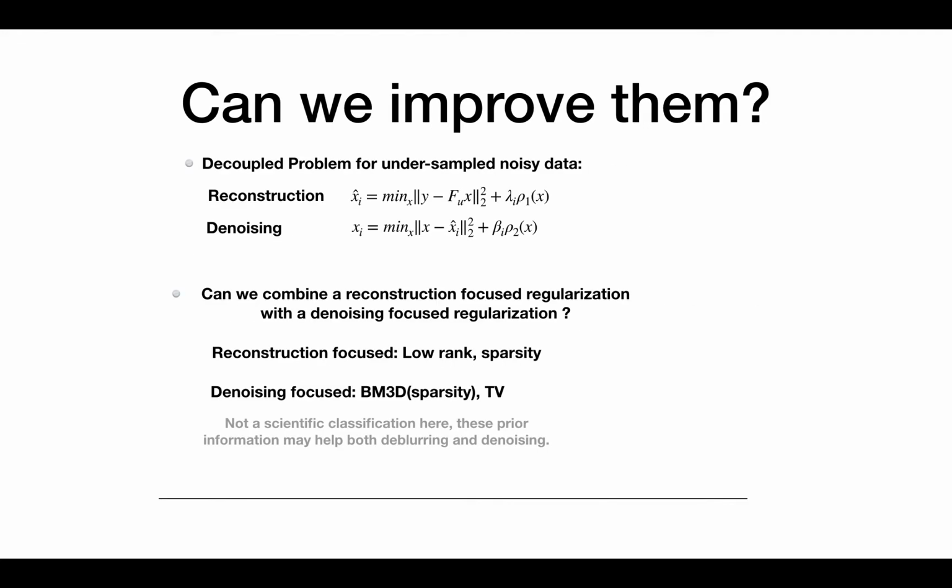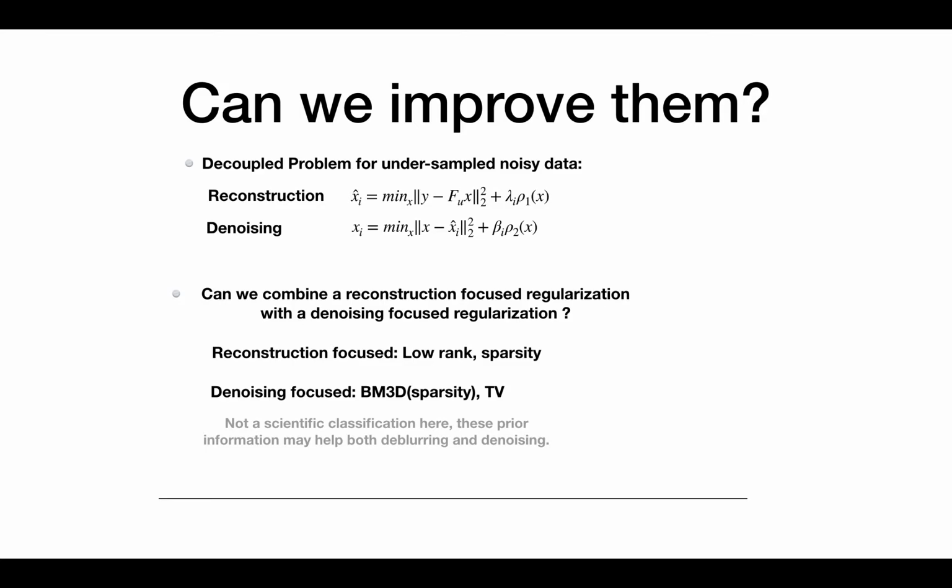And with these three methods, and inspired by the decoupled methods from BM3D MRI, I want to ask whether we can decouple the problem into two stages for the undersampled noisy data.